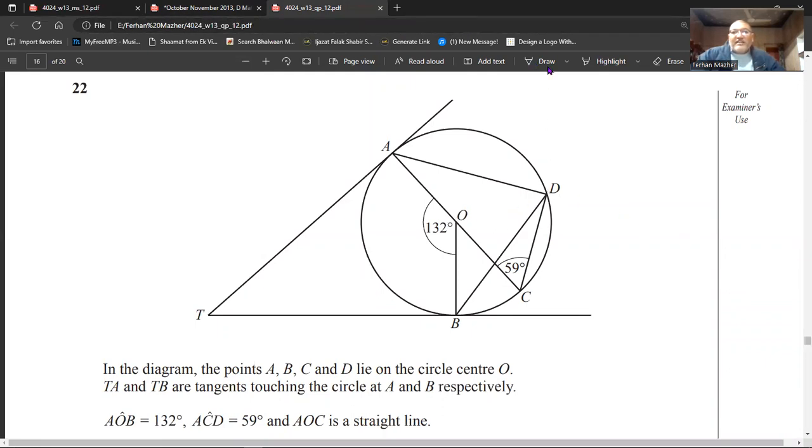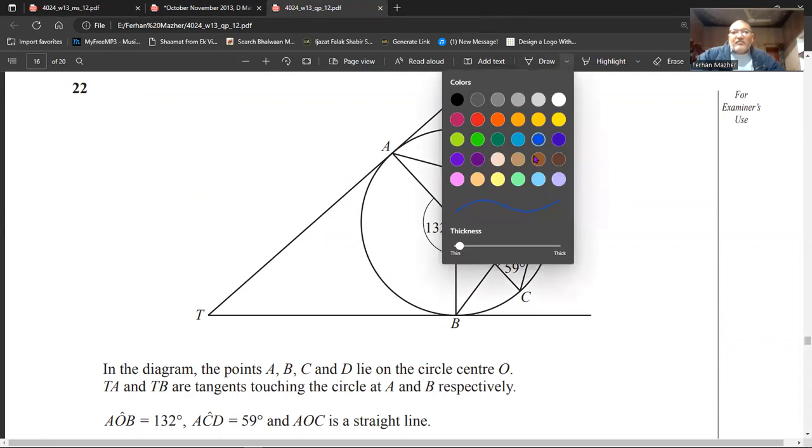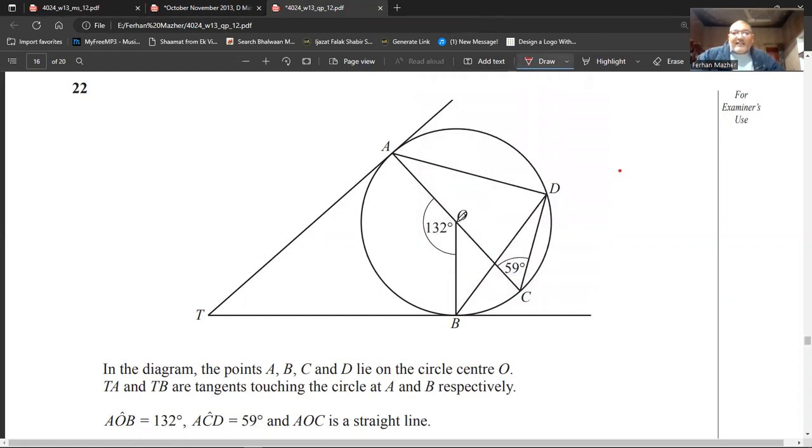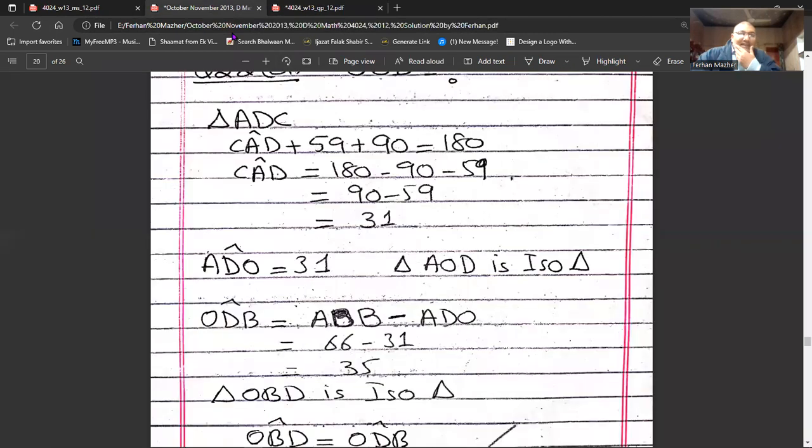Okay, what I have done here, let me show you. So what I have done here, I have joined this point, this and this, because they both are equal, so if this is 31, this will also be 31. The next step is ODB.